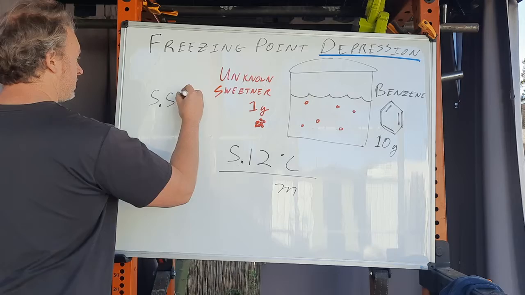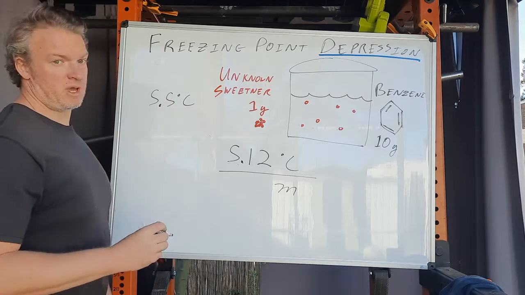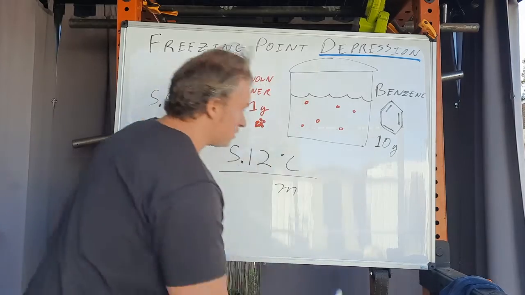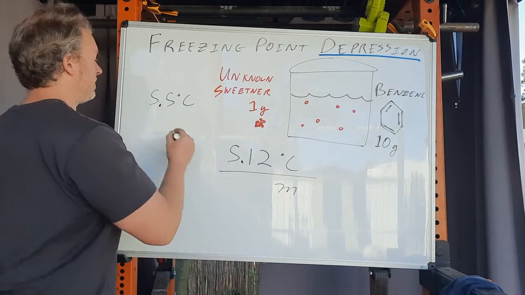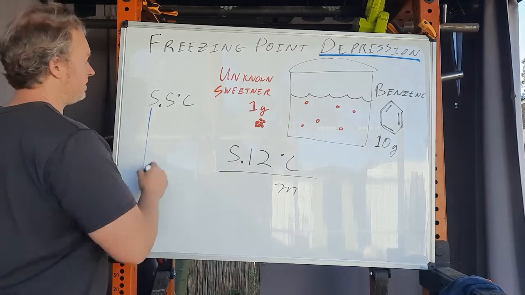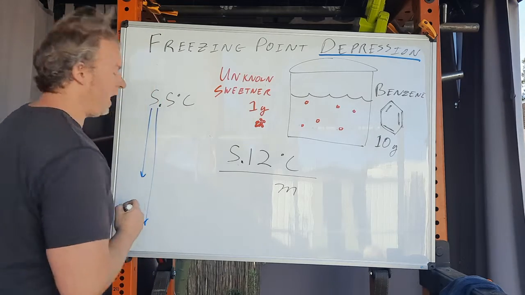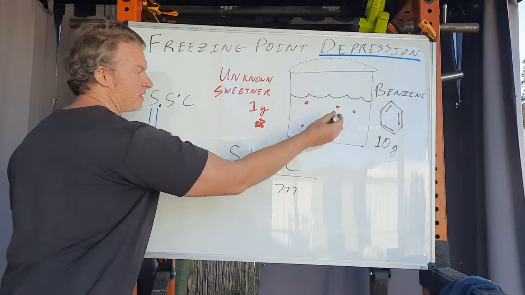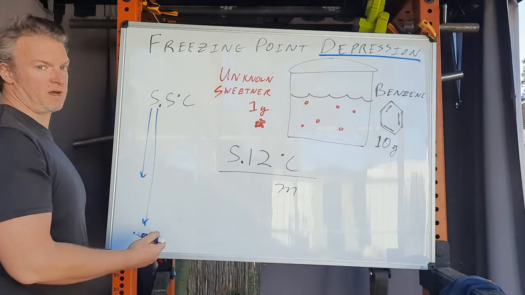We know that the freezing point is going to go down just because there's other stuff in there. Whether it goes down a little bit or a lot depends on how much is in here.